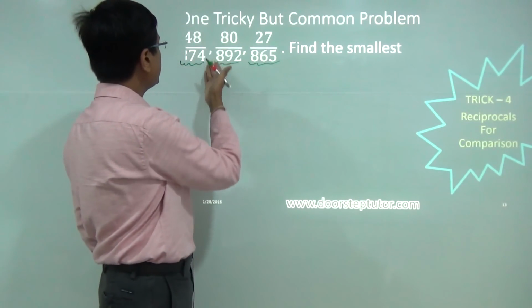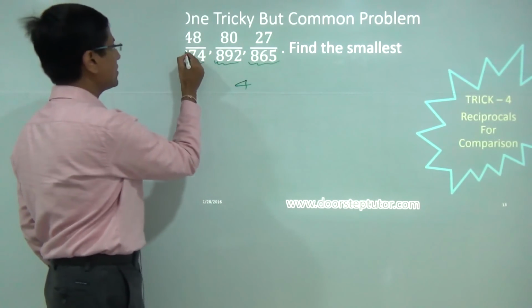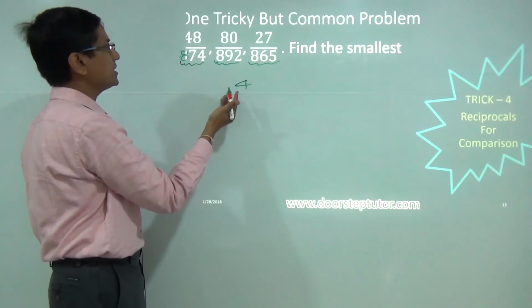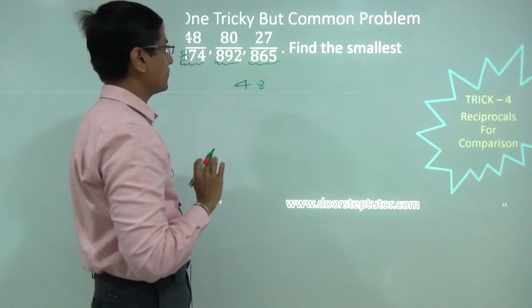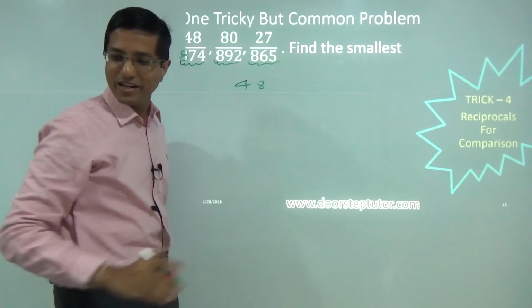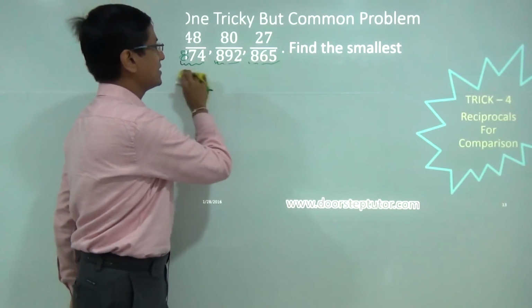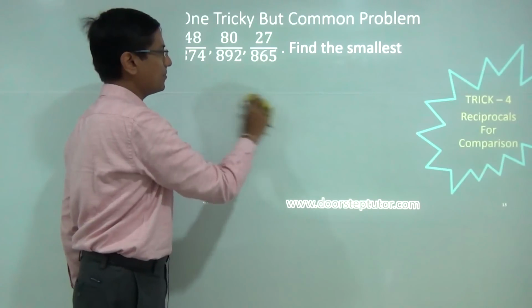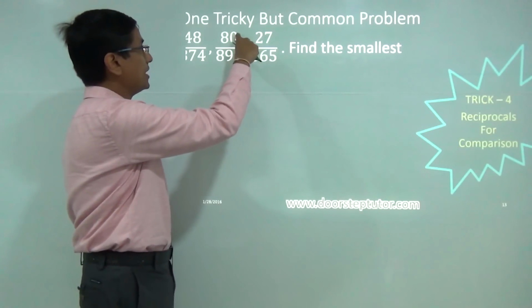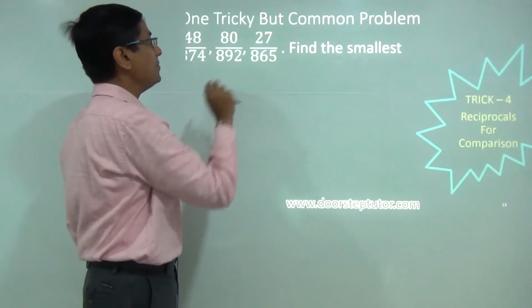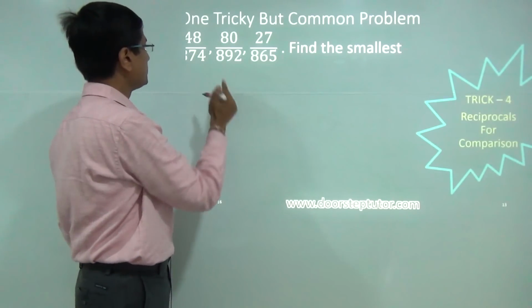Now if you convert these numbers, 48 divided by 874 and so on, to decimal, this is the only problem you will be able to do in the exam. So don't even go there. I'll tell you a very simple method of comparing fractions which you can use. It is very useful, and typically it can be used in a lot of problems.